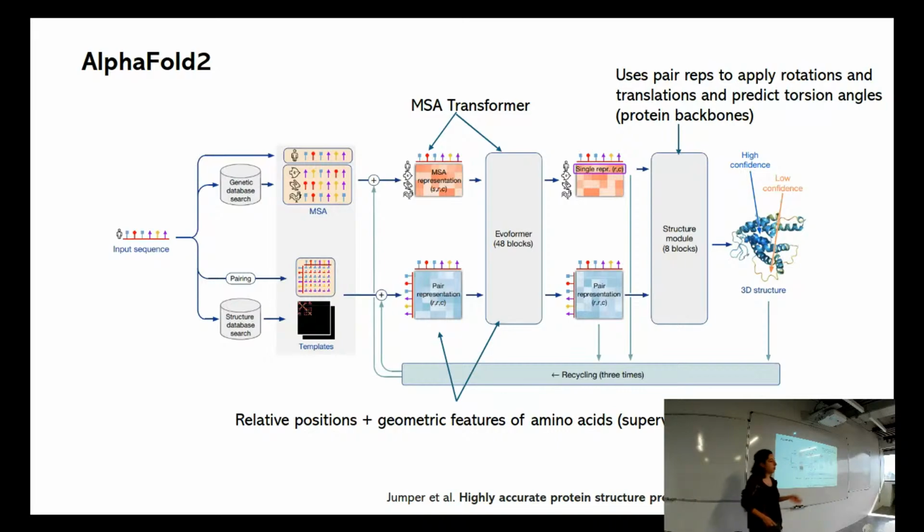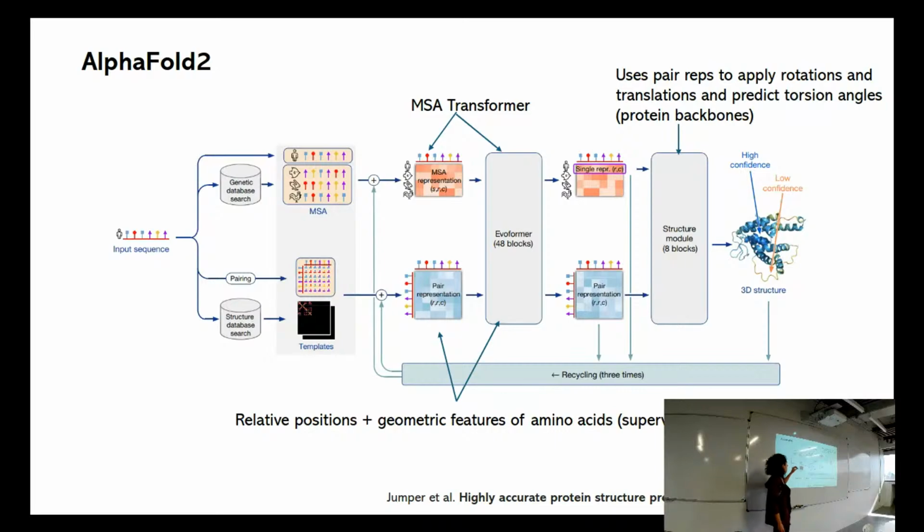So for a given position, it gives you the vertical attention in your alignment. This gives you a representation for your sequence, while if you make just a single-sequence transformer out of this structural optimization, you again have a representation for your sequence. And what this Evoformer block does, which is crucial for the output, is combine the two.